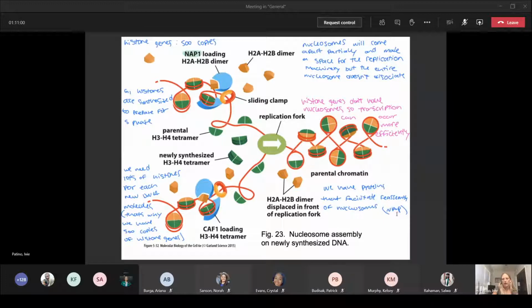Well, that's why we have this NAP1 protein. It's a chaperone protein that facilitates the reassembly of nucleosomes. So N is for nucleosome, A is for assembly, and P is for protein. So kind of easy to remember. It's going to load those nucleosomes onto that newly synthesized DNA.